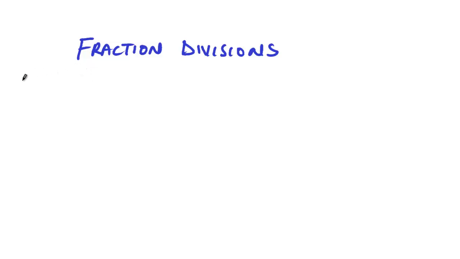So let's start. Number one, if you have a over b divided by c over d, note this division. There's one thing about fraction division.